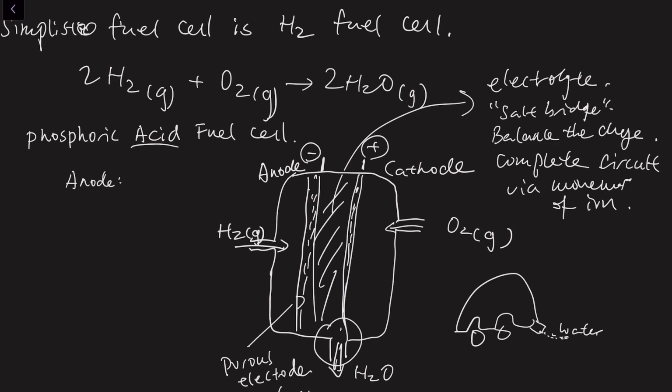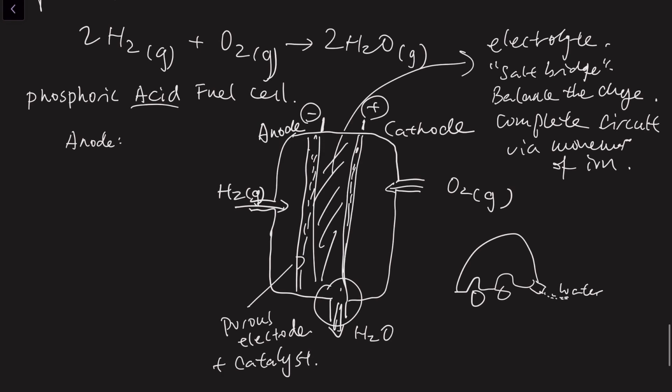So the cations, the positive ions, go to the cathode. The anions, the negative ions, go to the anode, just like galvanic cells. So this is what a hydrogen fuel cell looks like, and it needs to operate at very high temperatures.